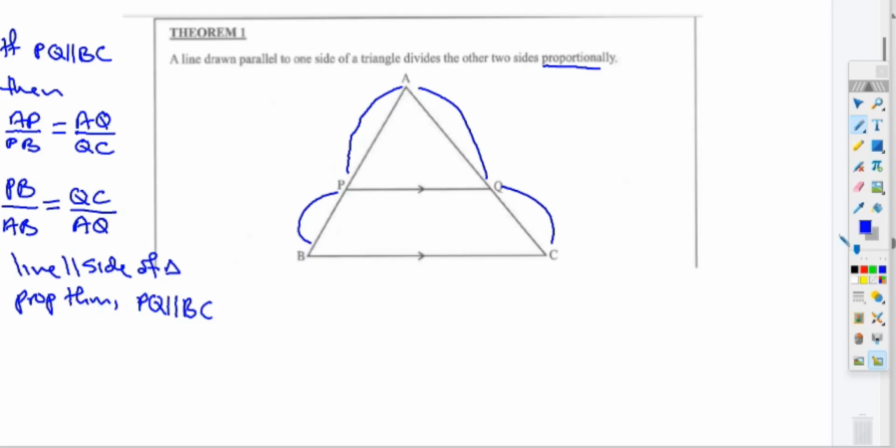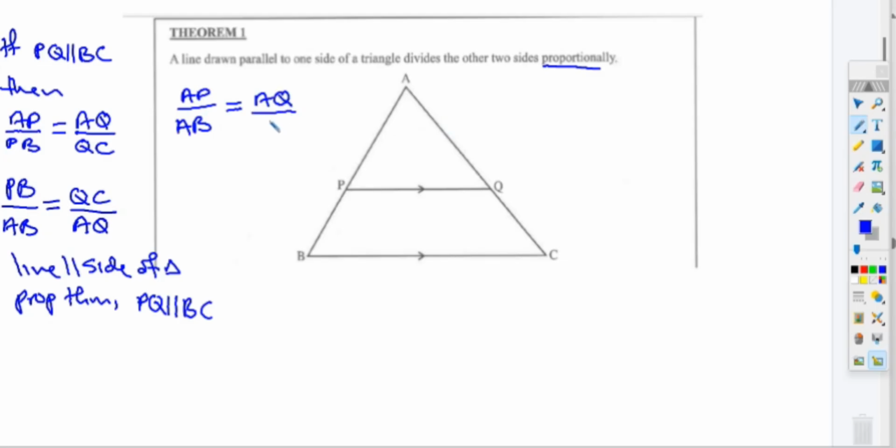This proportionality can be written in several different ways. Like you see, I've written it in two different ways here. We could have this one also. We could have it as AP over AB is equal to AQ over AC.